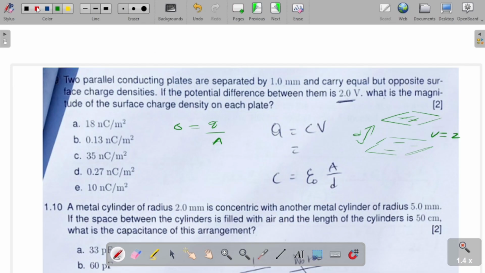Remember, we can use Gauss's law to find the electric field of one of the plates. We use a cylinder, and because this is a negative charge, there will be flux in from both directions.